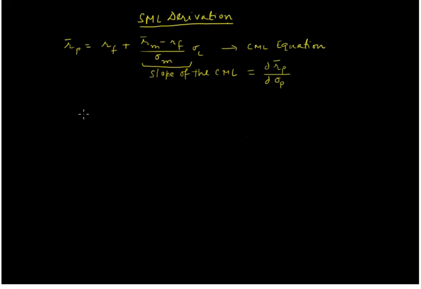One of the assumptions in the capital asset pricing model is that all investors have identical expectations.